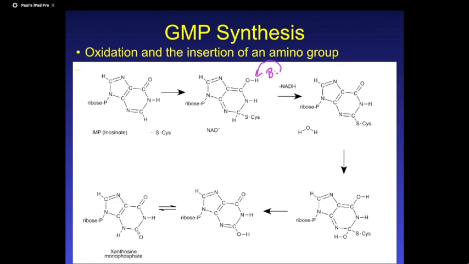So the base is going to take that. I will reform the double bond. I then have to take the ring electron pairs and put them back. But now the leaving group is the hydride. I'm still connected to the enzyme bound through a sulfur.